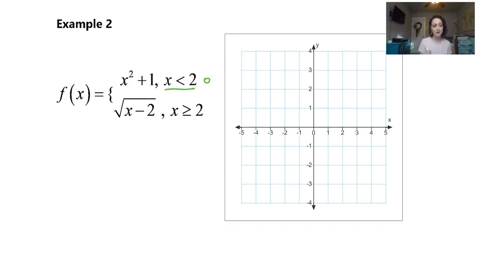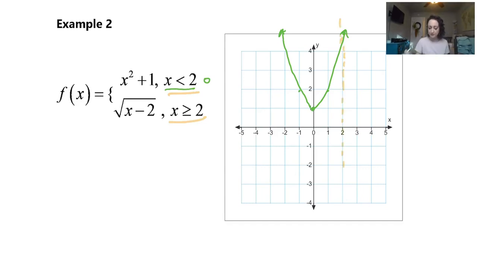So we've got our parent function y equals x squared, but this has been shifted which way? This has been shifted up 1, so it will look something like this. All right, not the prettiest, but we've got that covered there. And then let's go ahead and draw our guide at x equals 2, right? Because that's where I could have my possible discontinuity. So I'm going to draw my guide here.